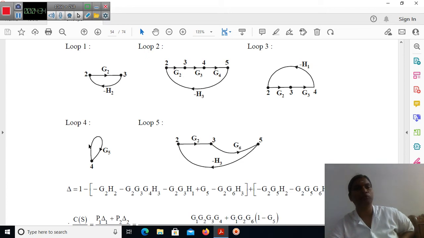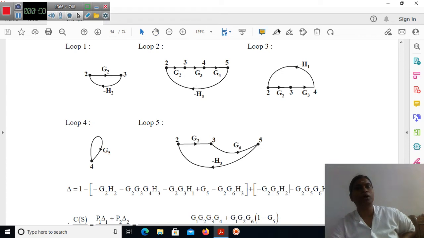In loop 4 there is no overlapping, so we can multiply these two gains, G2 minus H2 into G5. So we can write minus G2 G5 H2. Similarly, we consider the second loop.